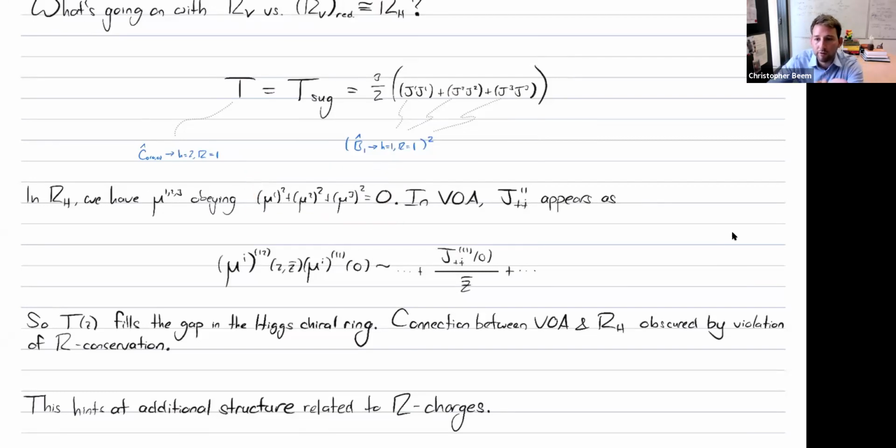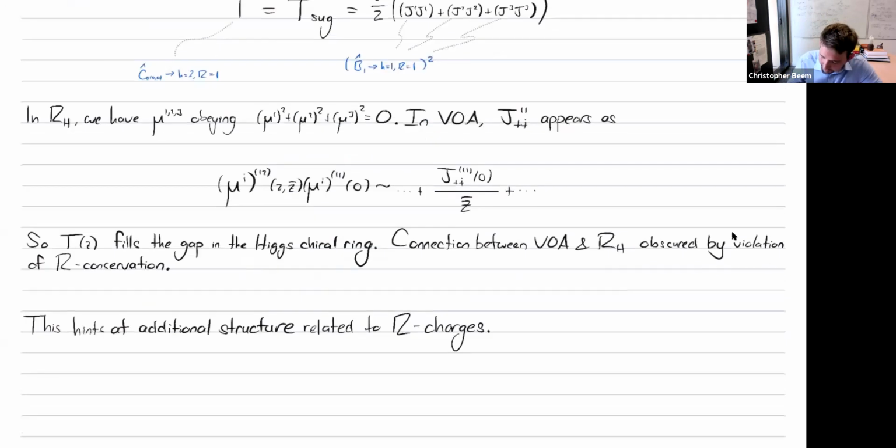So there I have the expected quadratic relation, just at the level of multiplying B̂1s without any R-charge violation. In the VOA, if I'm going to get the stress tensor appearing in this object, it's going to come because when I do the normally ordered product, what I'm doing is taking two of my operators.